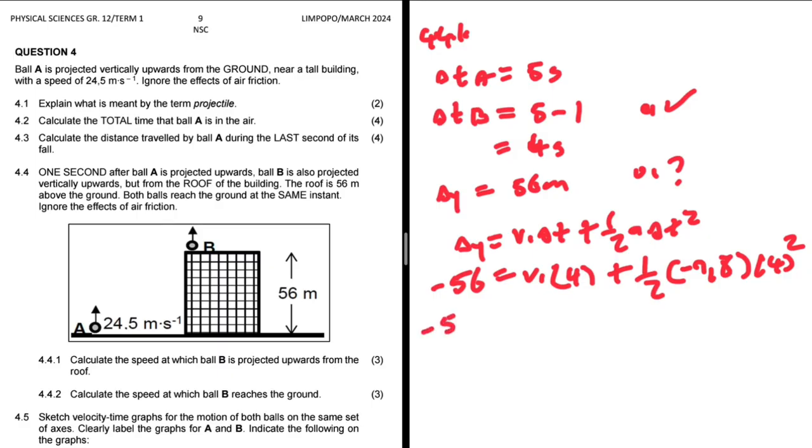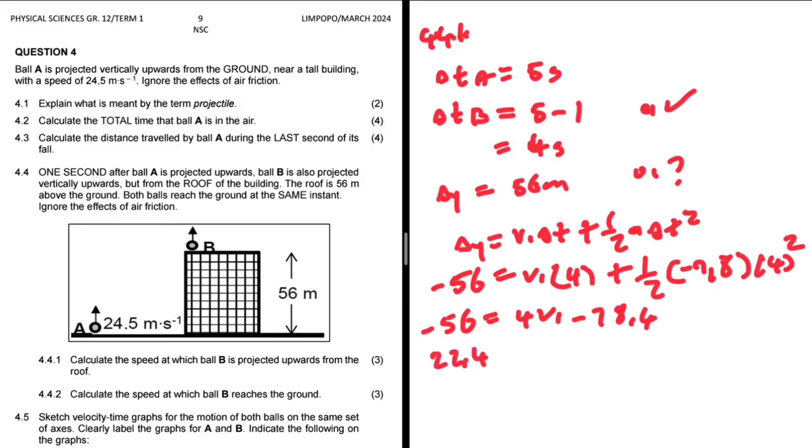So we're going to have minus 56 being equal to 4 VI. And then let me just put that in my calculator. A half multiplied by minus 9.8 multiplied by 4 squared, 78.4. So we have minus 78.4. So minus 56 plus 78.4, that is 22.4.